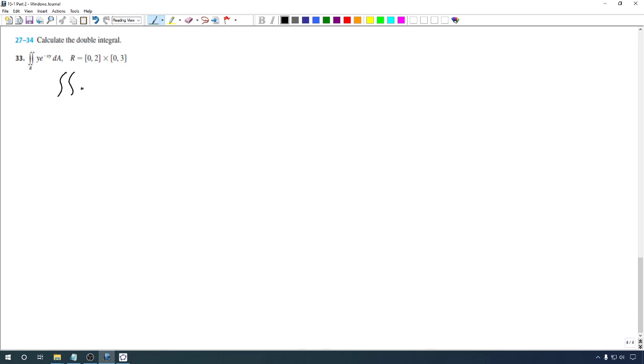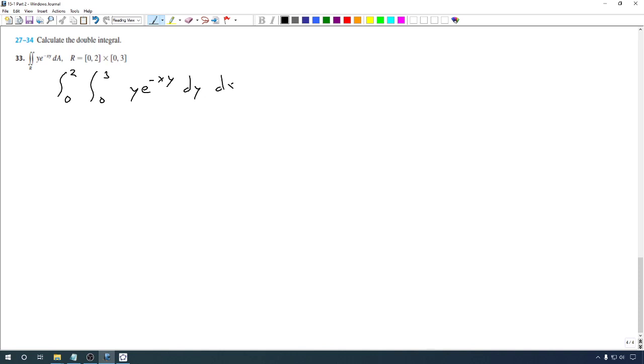So we could do the integral from 0 to 2, 0 to 3, so these are two intervals here, of our function y e to the minus xy. The 0, 3 here needs to correspond to the first variable we put over here. That's our y variable.